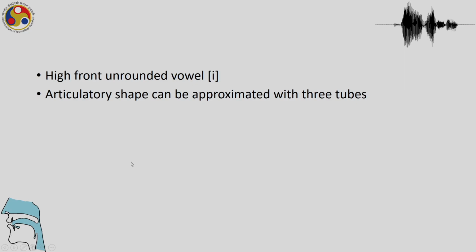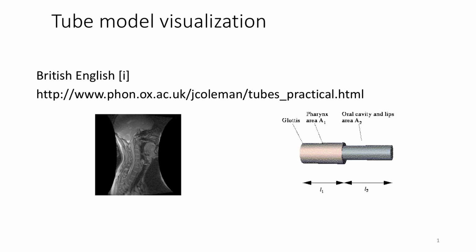Suppose the high front unrounded E. Here we can actually talk about three tubes. The resonant properties of the vowel E can be approximated with three tubes. This is a visualization of E, and we can see that this is a British English production of E, which is where this has been taken from.